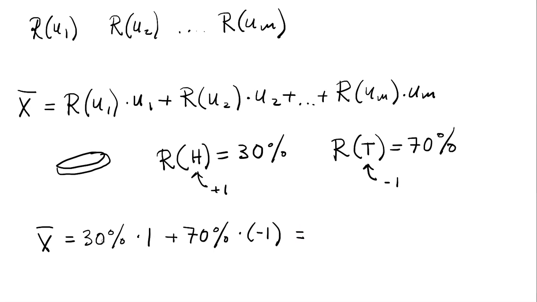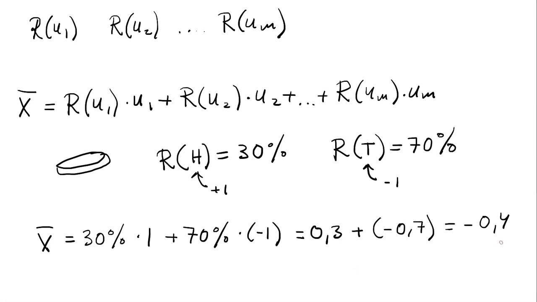So what do we get? 30% is the same as 0.3. 0.3 times 1 is 0.3. 70% is the same as 0.7. And 0.7 times -1 is -0.7. So this is -0.4.